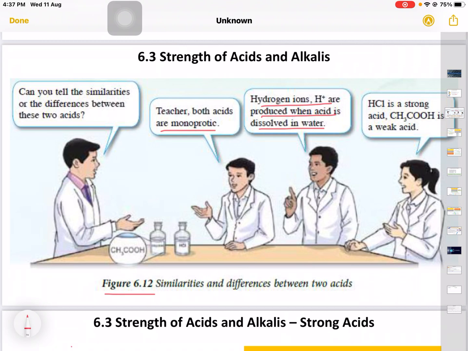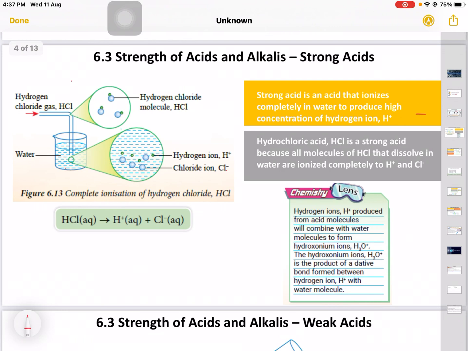Okay, and the girl said HCl, which is hydrochloric acid, is a strong acid, and ethanoic acid is a weak acid. So from this conversation, we found that there are two types of acid. The first one is a strong acid and another one is a weak acid. Okay, we start with the strong acid. Firstly, you should know the definition for strong acid.